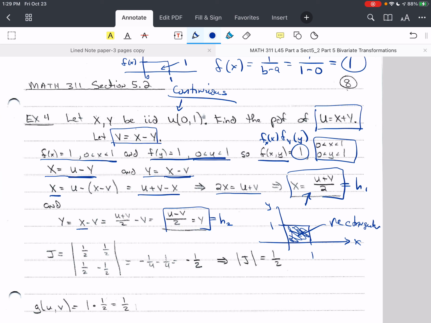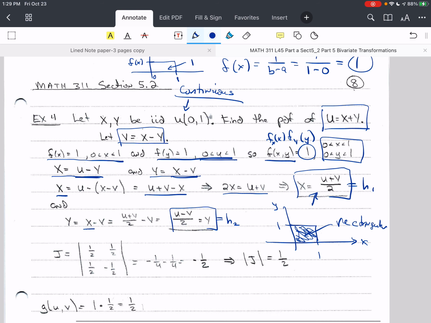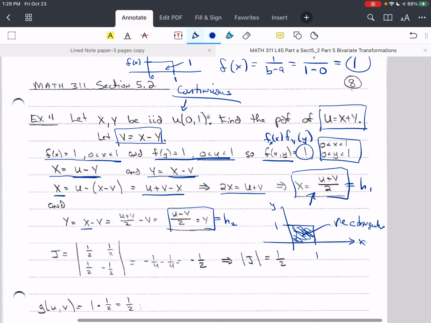My Jacobian is the partial of h1 with respect to u, and that's going to give me 1/2. I take the partial of h1 with respect to v, I get 1/2. I take the partial of h2 with respect to u, I'm going to get 1/2. But when I take the partial of h2 with respect to v, I get negative 1/2.